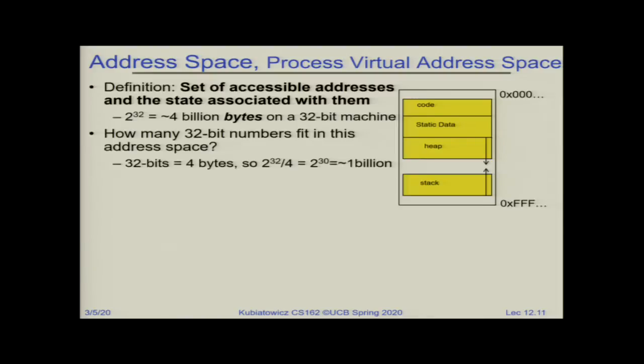But how many 32-bit numbers, so those are integers, fit in this space? Well, because these are bytes, you need 4 of them to get an integer that's 32 bits, right? So 32 bits is 4 bytes. So 2 to the 32nd over 4 is 2 to the 30th, which is about 1 billion integers fit in there.